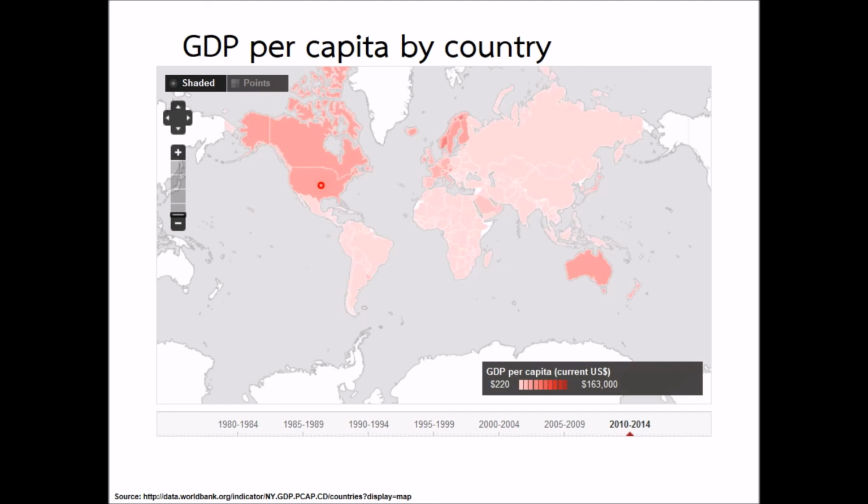But other countries with a very high GDP per capita are countries like Canada, many countries in Europe, like France, the UK, Germany, a country like Australia, also a country like Japan.